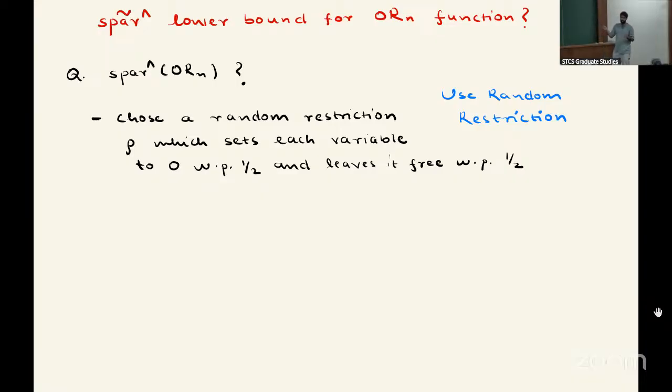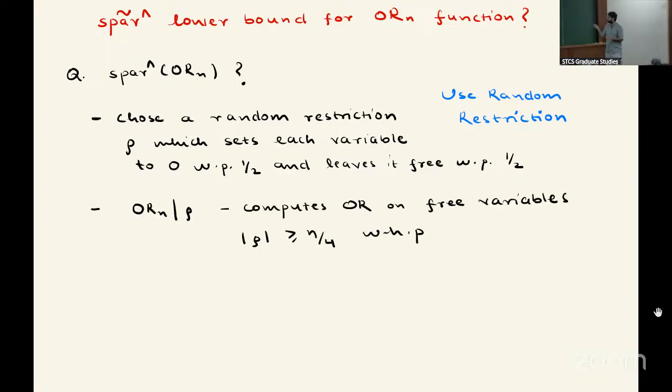One way we can do this is to choose a random restriction which sets each variable to 0 with probability half and leaves it free with probability half. If we hit the OR function with this random restriction, it will still compute an OR function on the free variables.